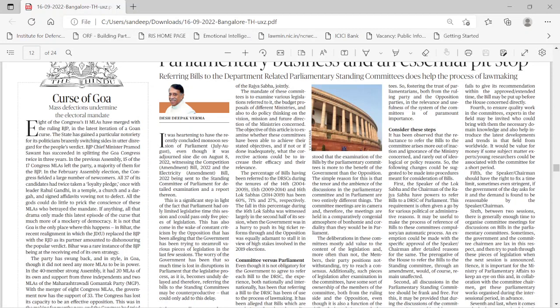Fine. Division of power between executive and legislature. Below this you write, parliament is not able to do its work effectively. Full stop.